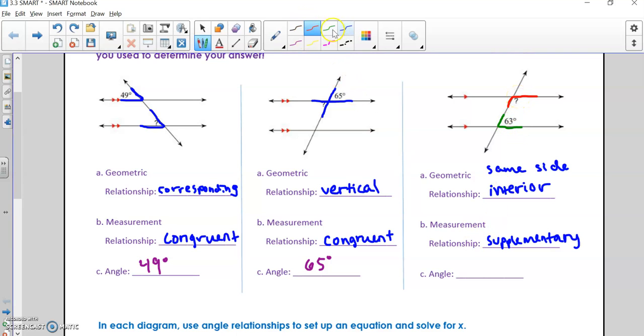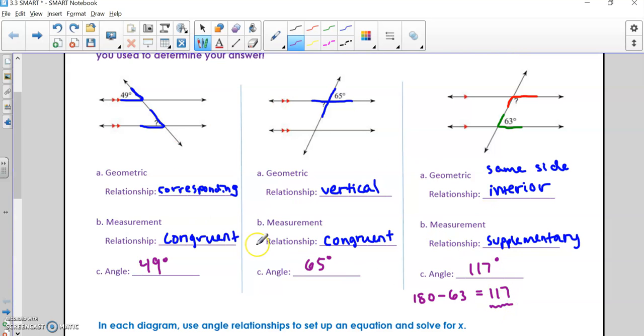And the best way for us to find that is just by doing some basic subtraction. 180 minus 63, and that's going to give us our angle. And if I do my math correctly, that's going to be 117 degrees. So we have a 117 degree angle.